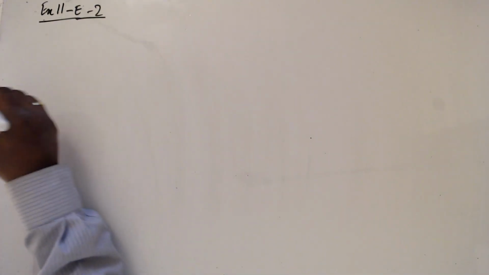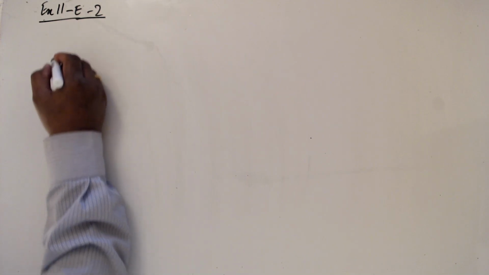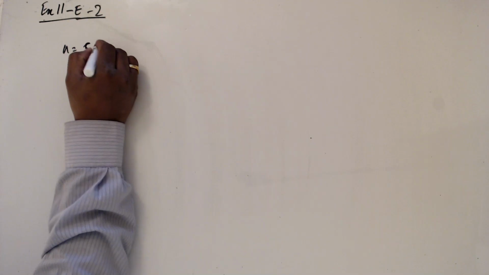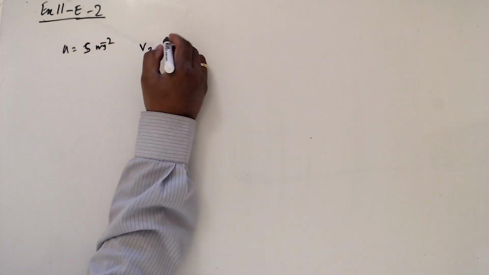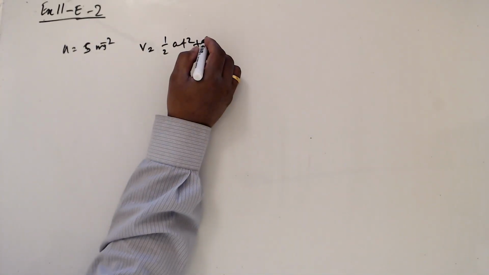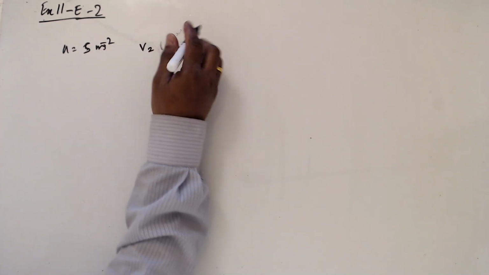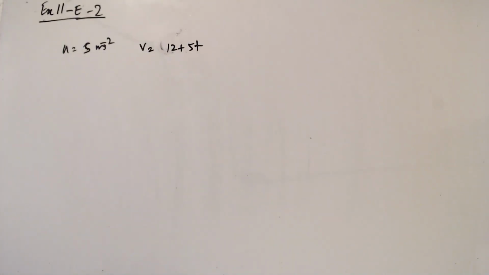Question number 2. A particle moves in a straight line with constant acceleration. So a equals 5 ms minus 2, a value is given. We want to show that s equals half at square. A equals 12 plus 5t, we can do.